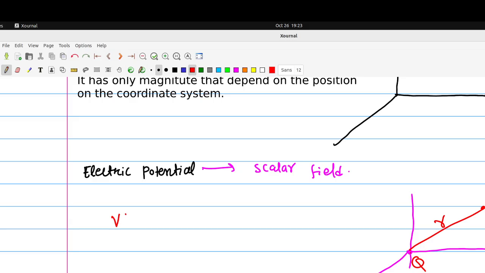So what is this potential field? As a function of r, it is kq by r, where k is the dielectric constant. So this is a spherical coordinate system.